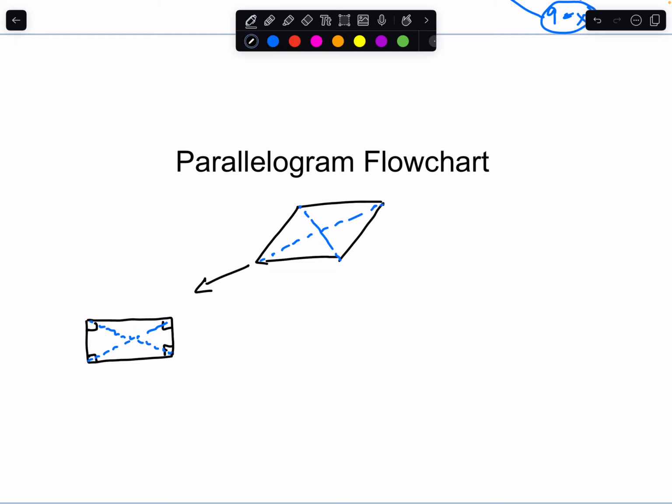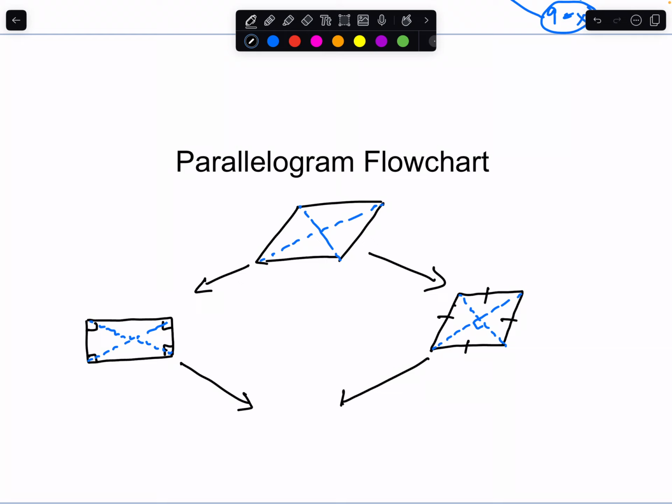Then we introduced another shape called the rhombus, and the rhombus was a particular type of parallelogram where all 4 sides were the same length, and the diagonals intersected at 90 degrees. From here, the square came about. The square had both properties. So if I merge the rectangle and the rhombus, I created the square.